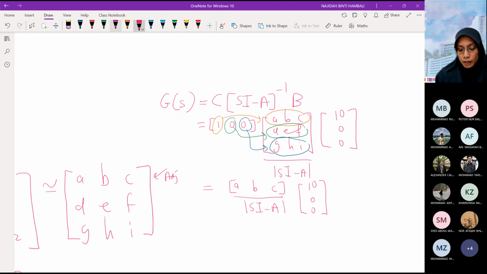That's why I suggest you represent your adjoint matrix by alphabets A, B, C. So you takkan buang banyak masa untuk tulis polynomial yang panjang-panjang, like s squared plus 5s plus 3, and then you ada lagi another row and column, another second order polynomial function. So by representing that adjoint matrix with A, B, C, it will save more of your time.